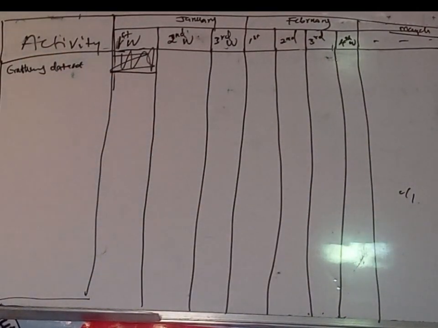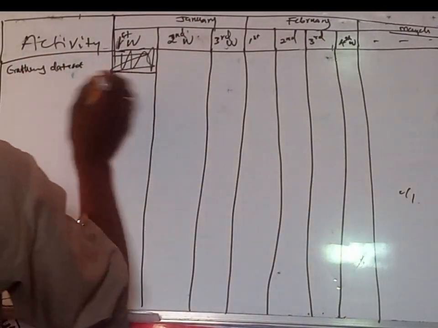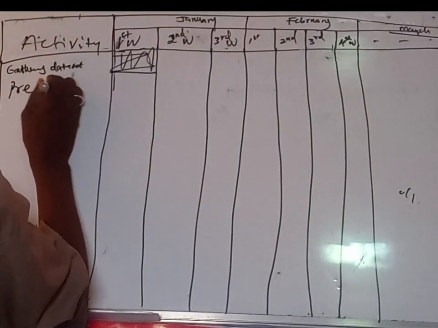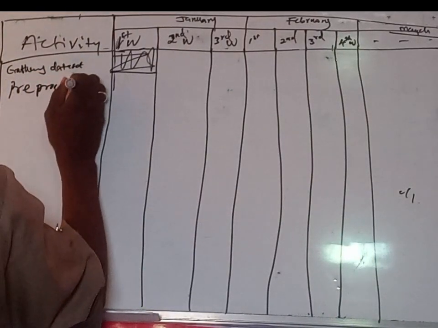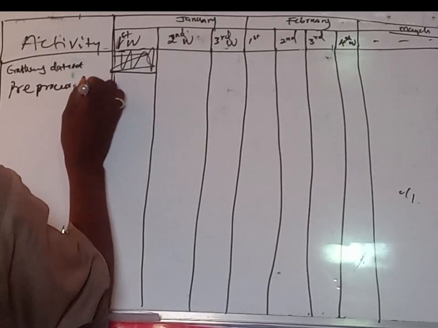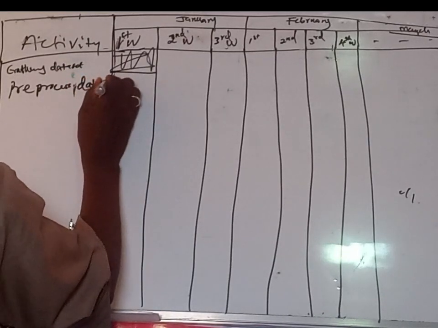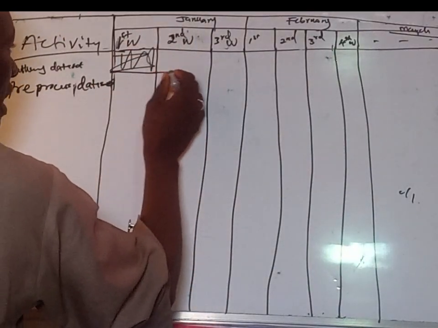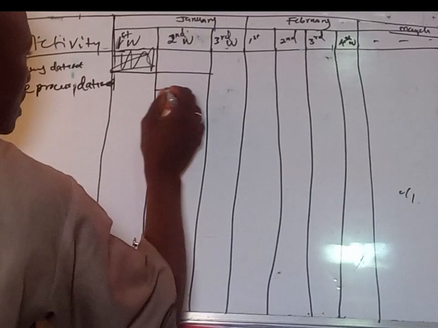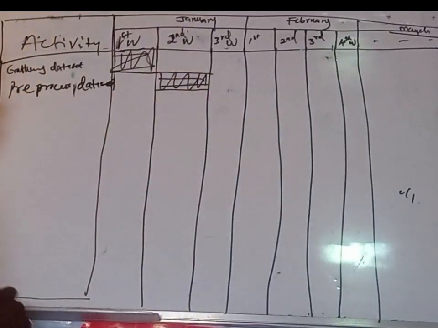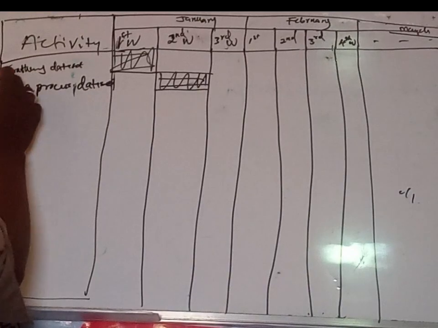It's not a problem. So we have again pre-process data set. Let's not confuse things. So you have it in the second week. So let's say we have it like this. Are we together? And this continues.